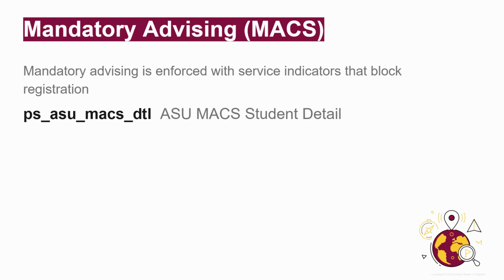There's a concept of a priority of how severe the reason is that they need to see an advisor. So they might need to see someone in the dean's office rather than someone in the department of their major. So all of that is managed with the mandatory advising system. If the student is required to be advised, they get a service indicator that blocks enrollment and it displays in my ASU and it tells them that advising is required.